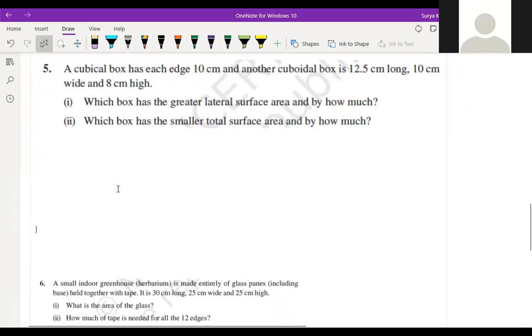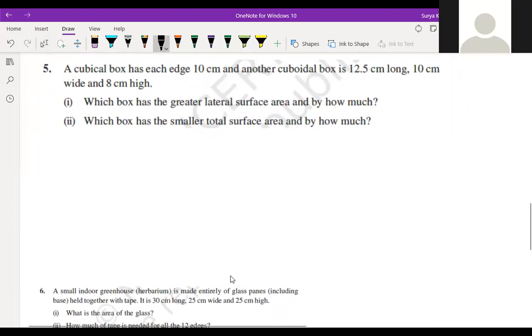A cubical box has an edge 10 centimeter, another cuboidal. So one cubical is there, one cuboidal is there. Cubical side is equal to what? 10 centimeter. And cuboidal length is equal to 12.5 centimeter. Breadth is equal to what? 10 centimeter.